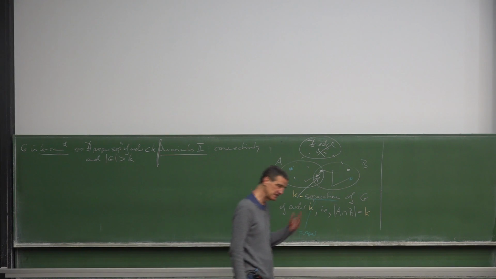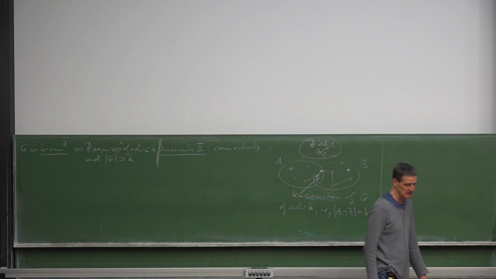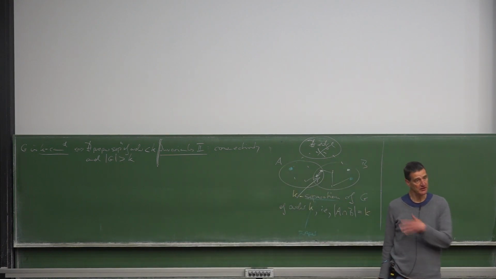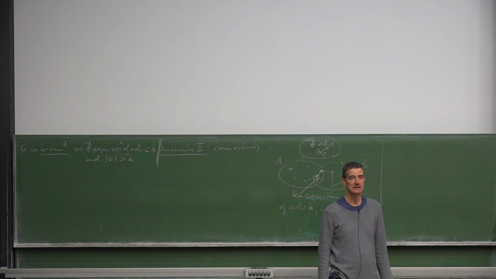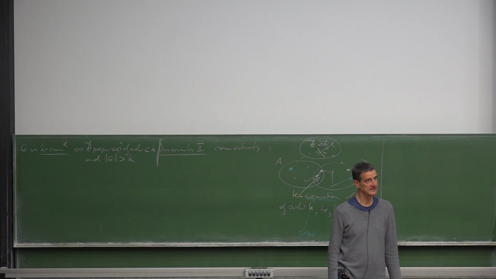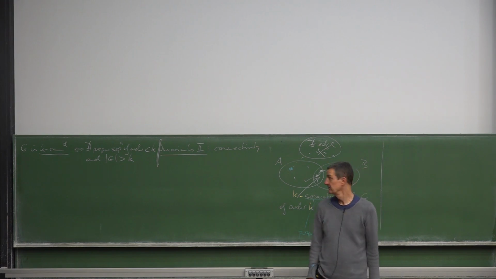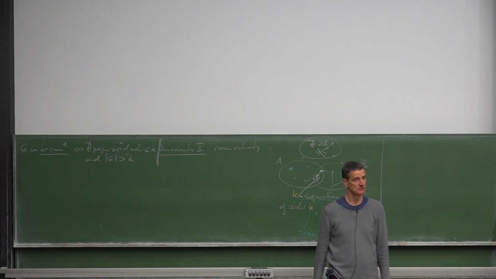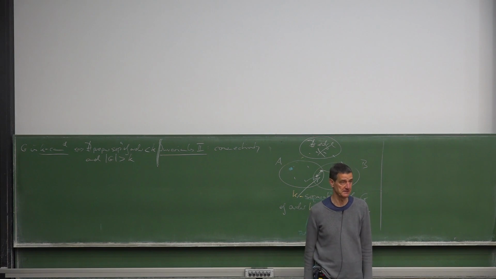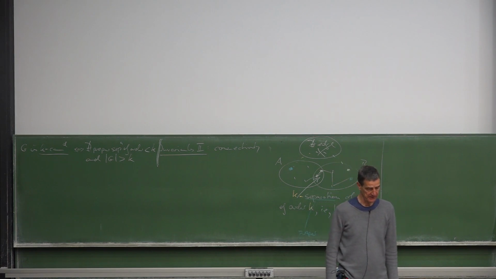Okay, so that makes a little more sense. So a complete graph on 100 vertices would be 99 connected, but it would not be 100 connected. Okay, so for example, a triangle is 2 connected, it's not 3 connected, just for want of vertices.